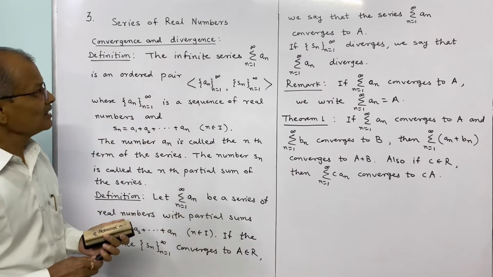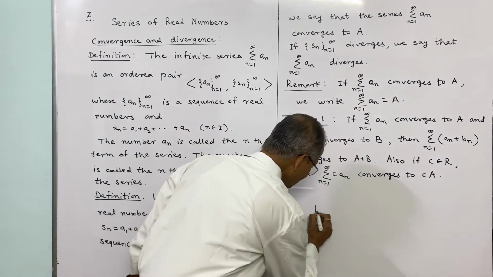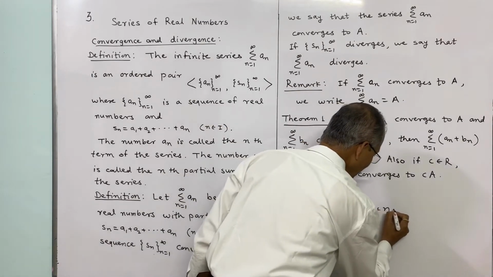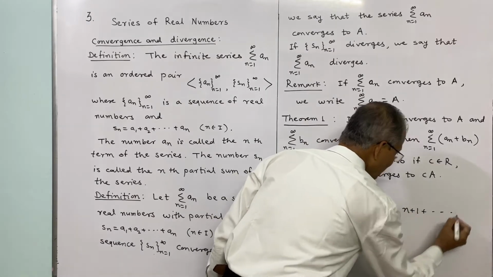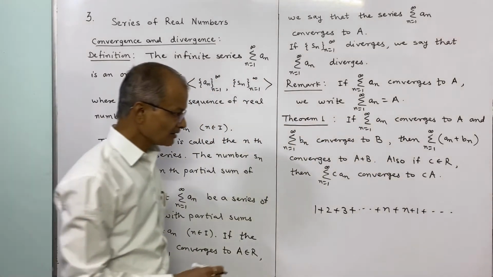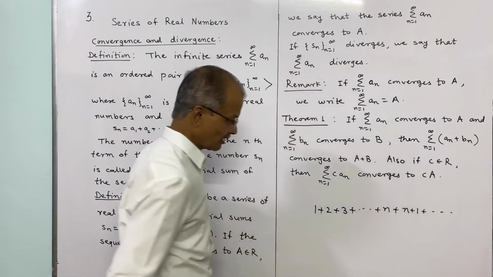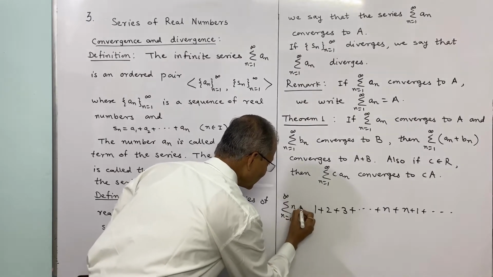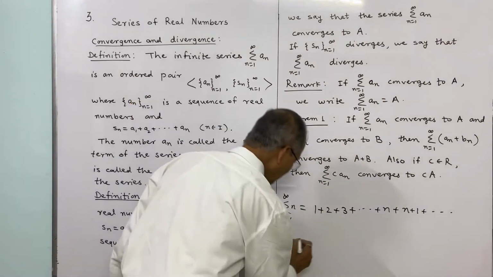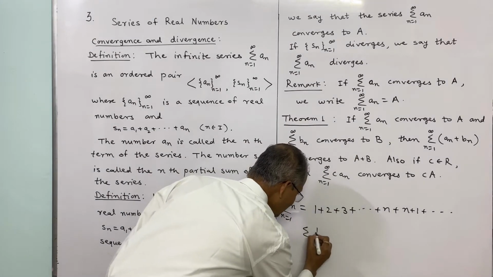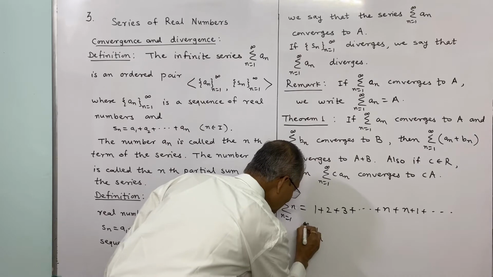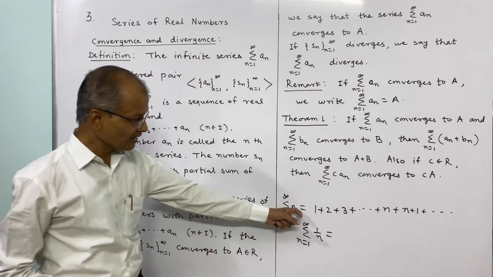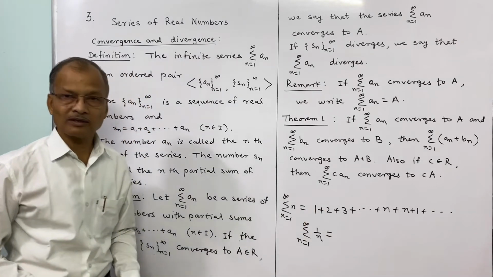Now see, an example of a series can be written as a simple series 1 plus 2 plus 3 and so on up to n plus 1 etc. This is a series, and the general term of this series is n, so this may be denoted by summation n takes value 1 to infinity, an infinite series, or otherwise we can consider this also as 1 by n. We are going to consider these examples after preliminary definitions, but the terms can be written in this order.